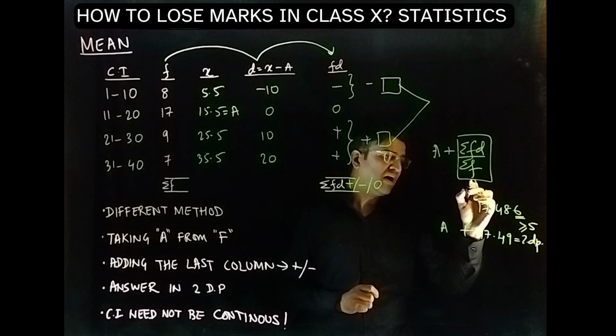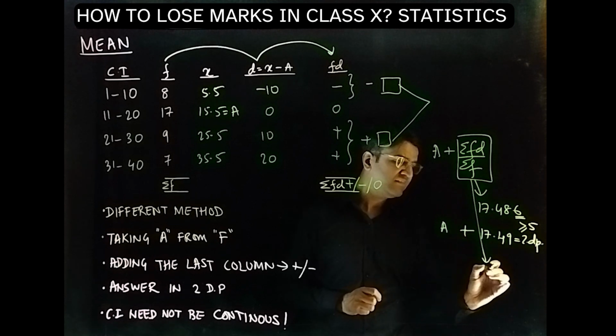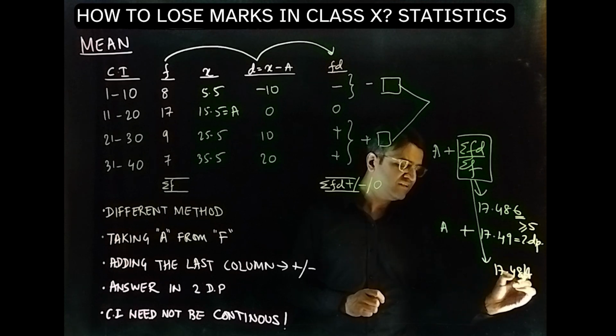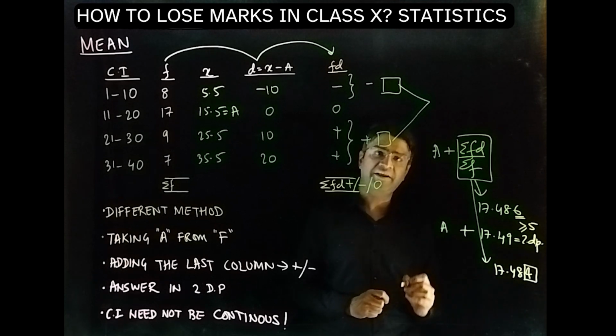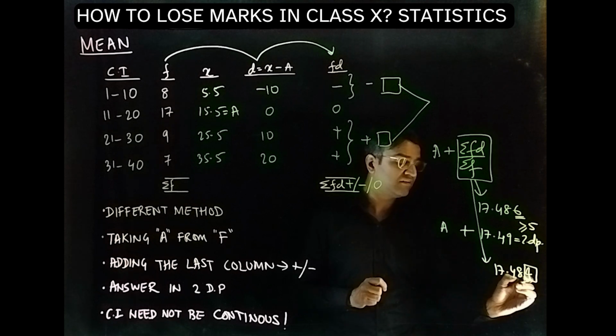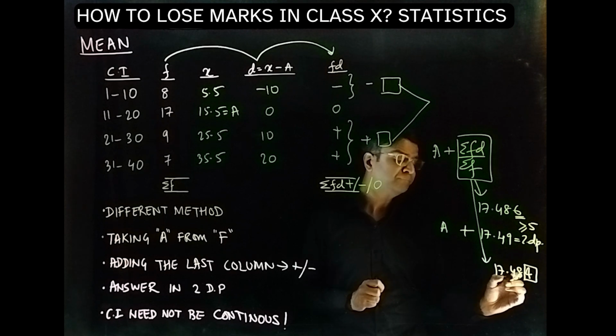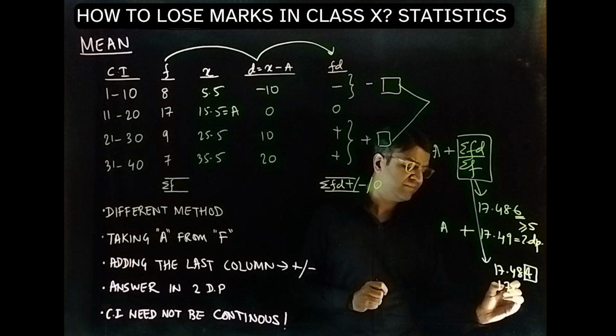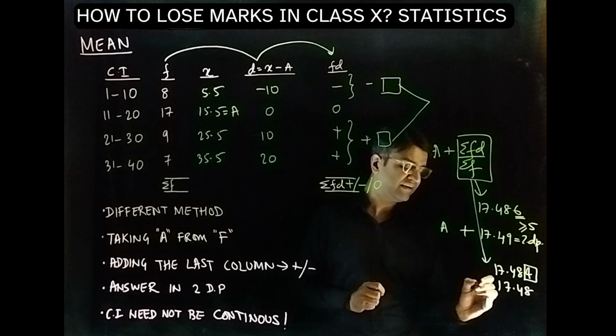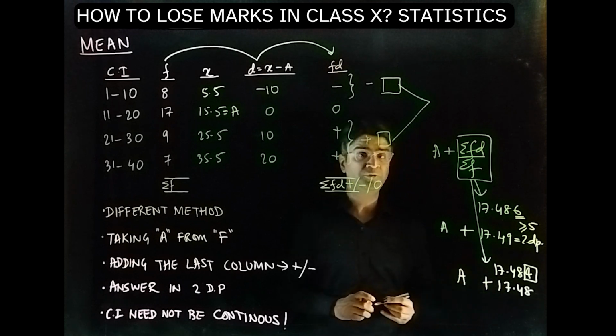Again, if the answer to this is 17.484, since this number is less than 5, which means if I get a 0, 1, 2, 3, 4 in the third place after the decimal, I will take it as 17.48 and add with the assumed mean.